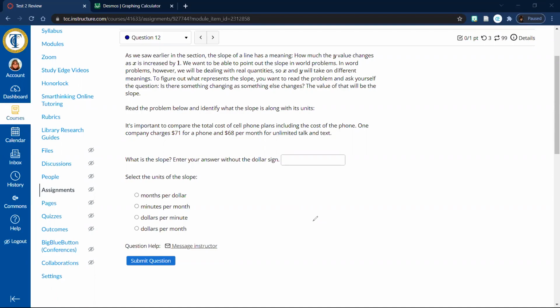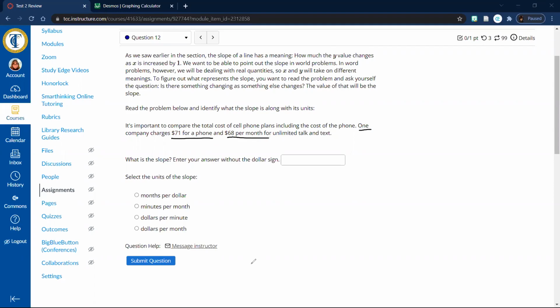Oh, the value that never changes is the $68 per month. I mean, no, that's per month. The company charges 71 for the phone, 71 doesn't change. So think about this one. One company charges you 71 for a phone and 68 per month for unlimited talk and text. So what's the slope?